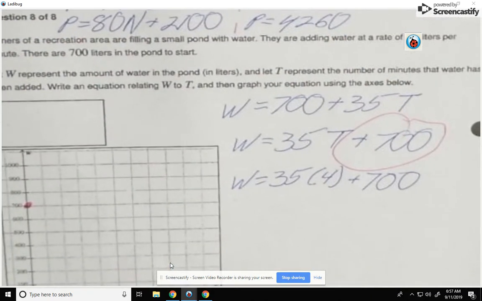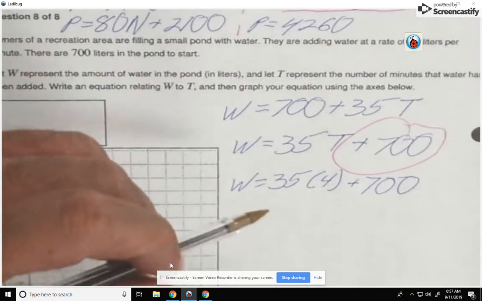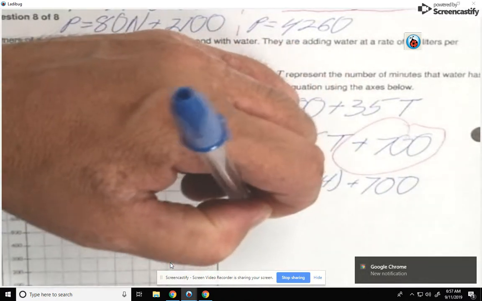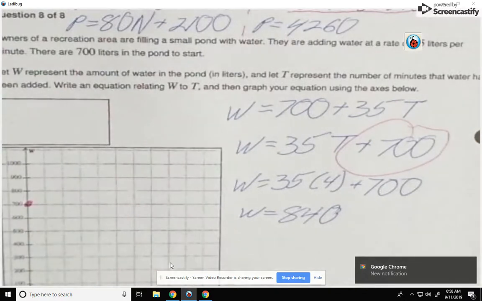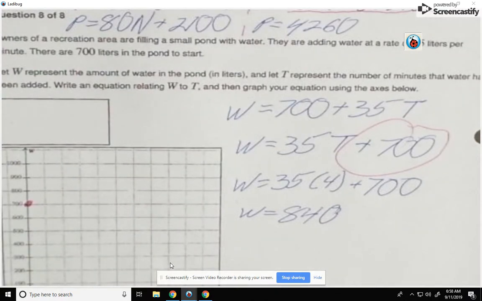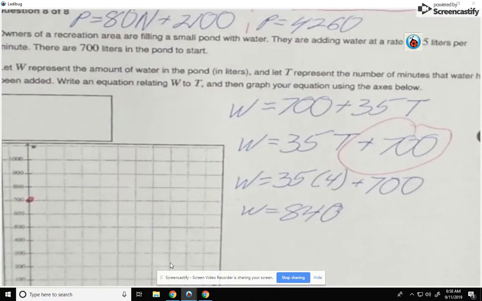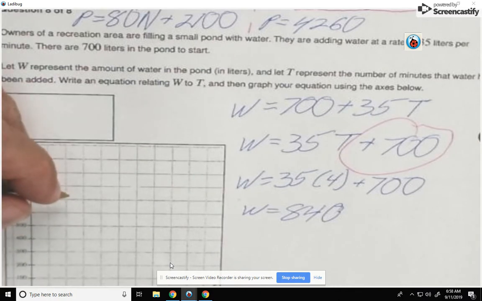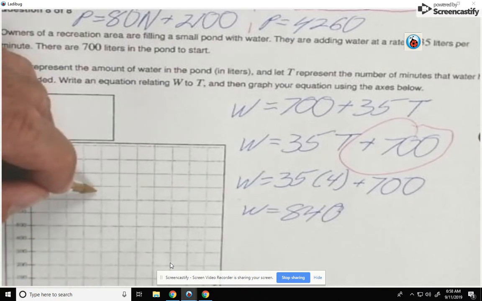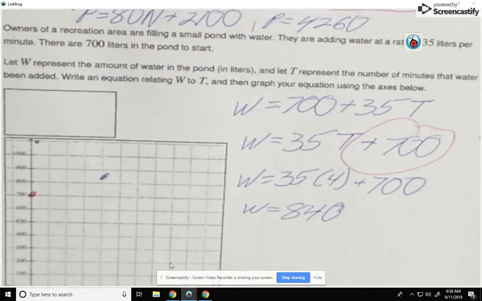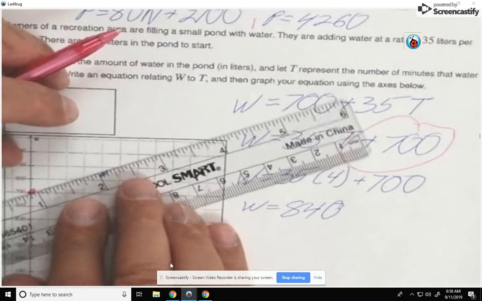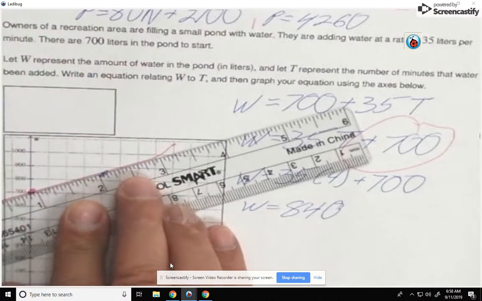I can just plug this into the calculator and I get 840. Okay, and then if I plot this point for 840, connect it, I have my line.